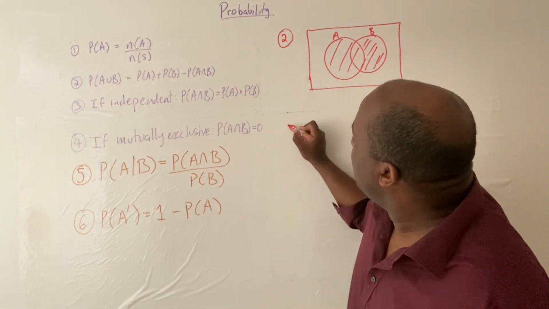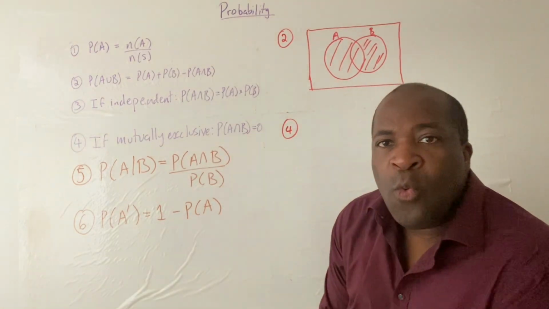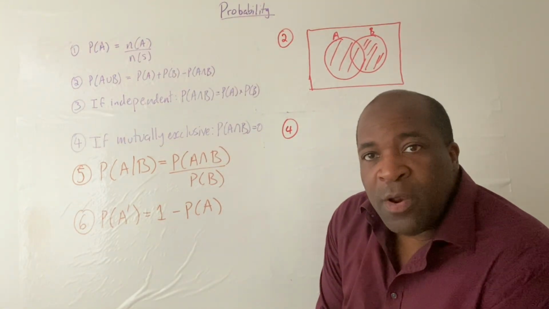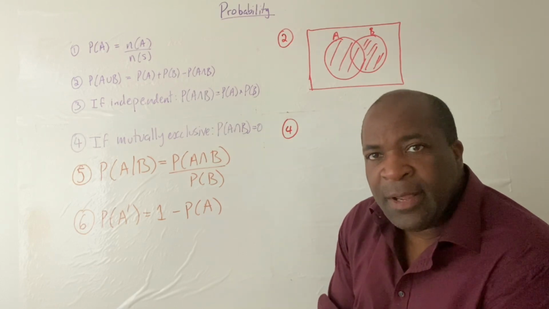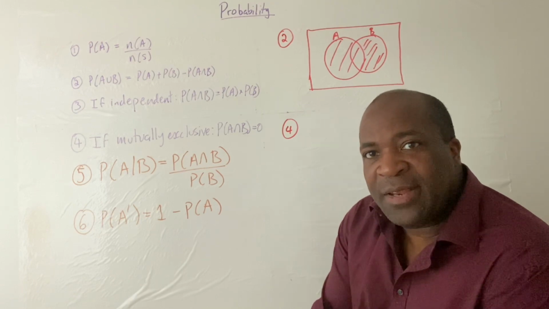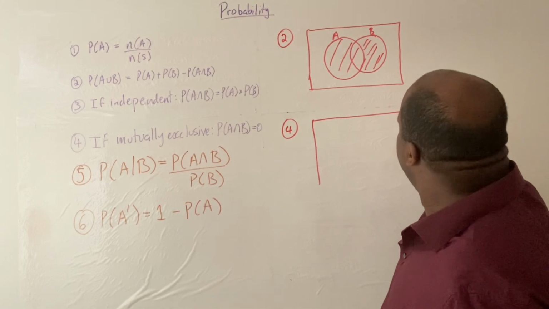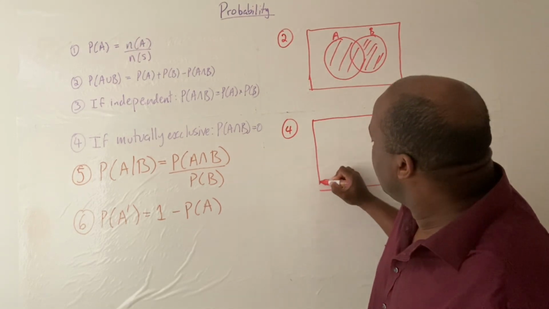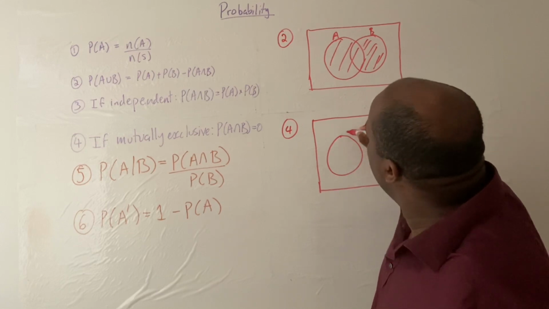In number 4, if events are mutually exclusive, that means that if one event occurs, then the other cannot occur. It's like night and day. If you're in the same geographical location, it can't be night and day simultaneously. If we were to graph this, we would say that the events do not overlap.